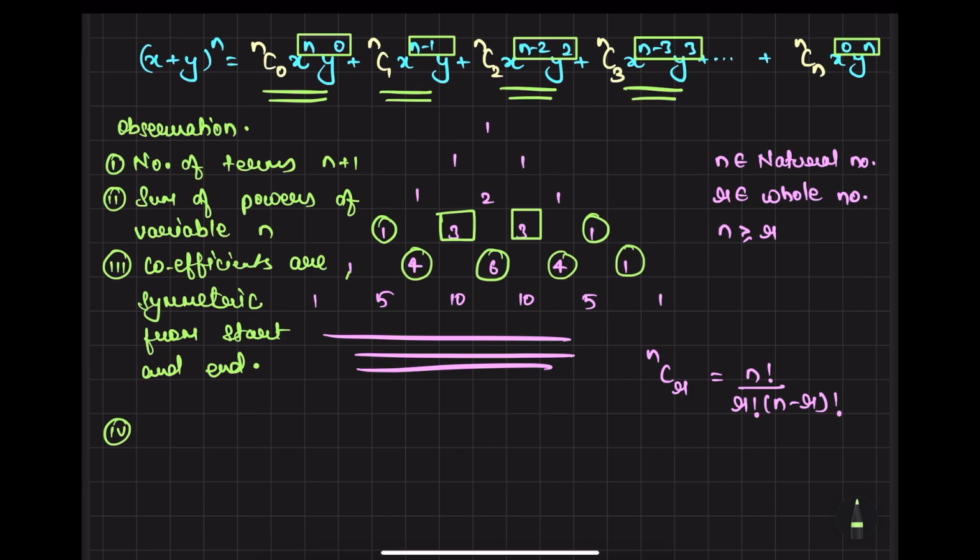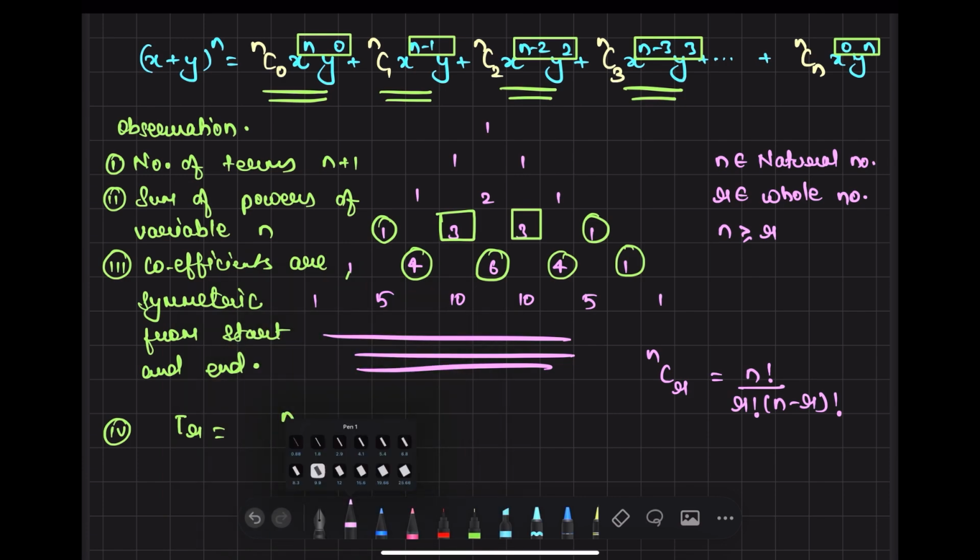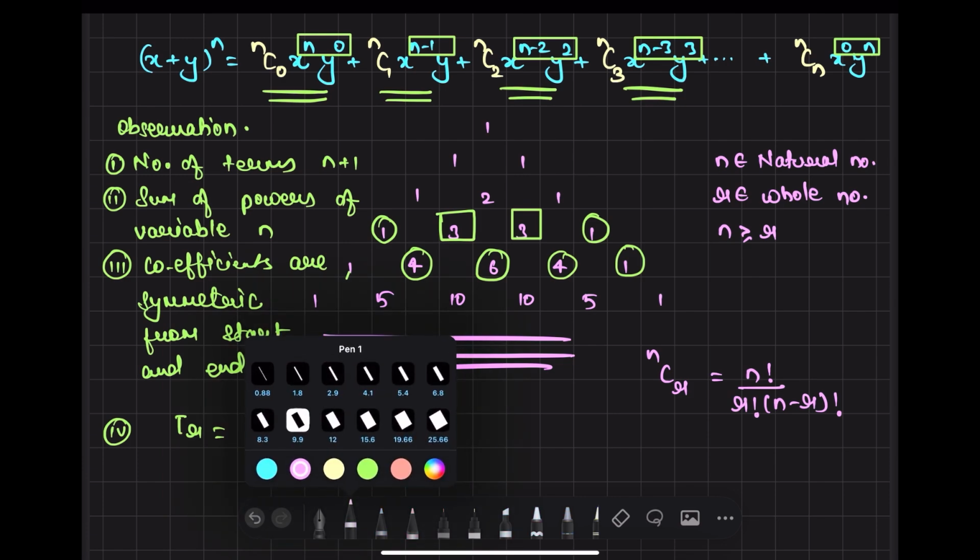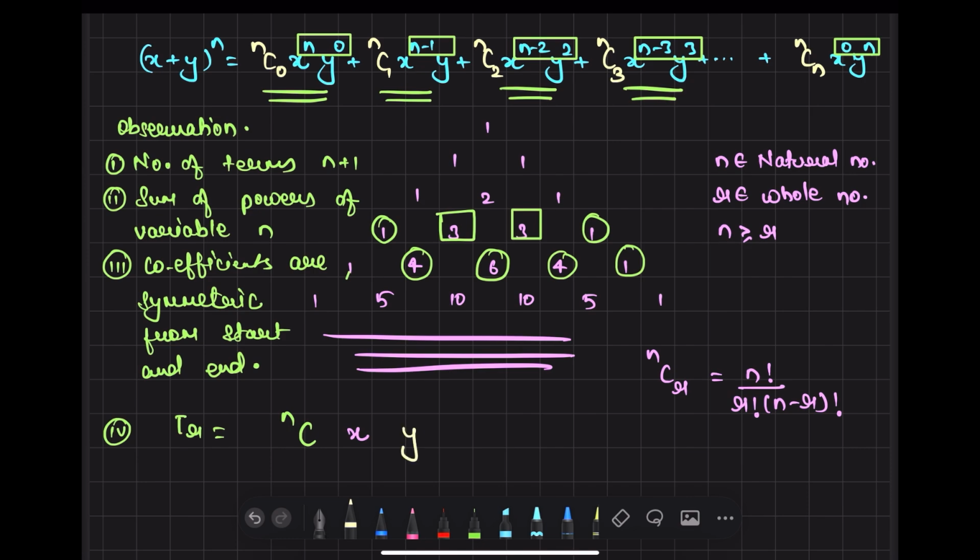So can I write rth term? You are not supposed to memorize this thing. Just try to observe, and then I'll connect the dots. So nc is common, so just write nc. Now write x, and then write y because both variables will be there.